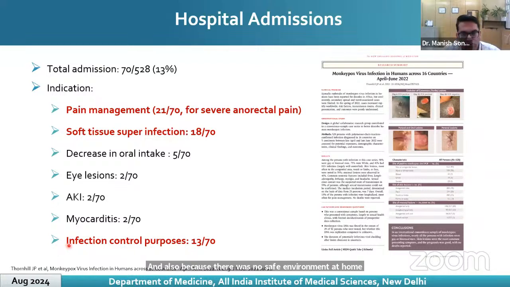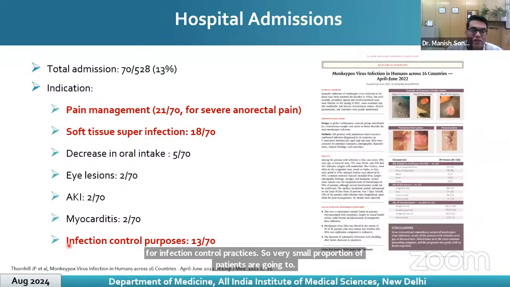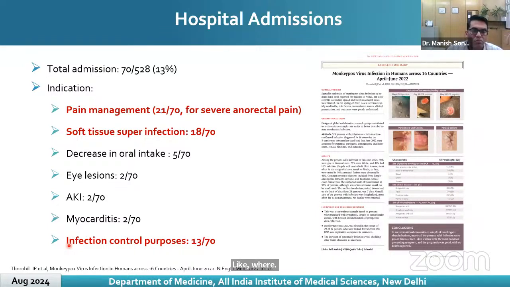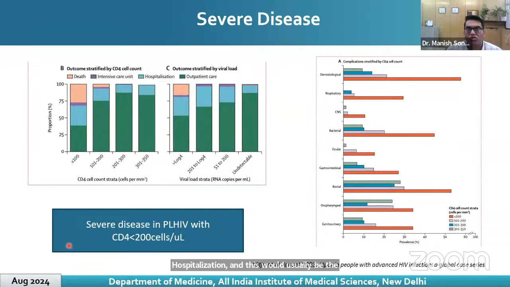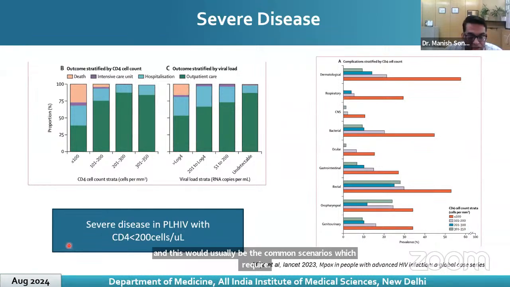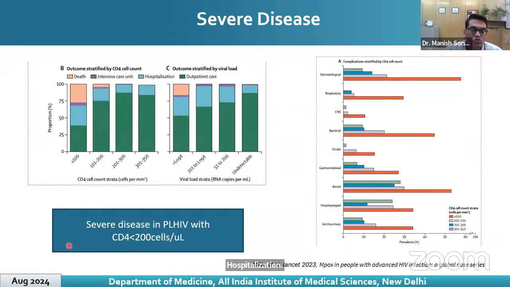So a very, very small proportion of patients are going to require hospitalization, and these would usually be the common scenarios. Having said that, we need to be very watchful in patients with immunosuppression. There's a good amount of data in PLHIV at least. As we can see, on the x-axis is the CD4 count strata, and this is the proportion of patients in outpatient care.